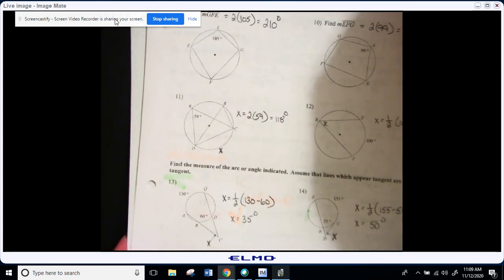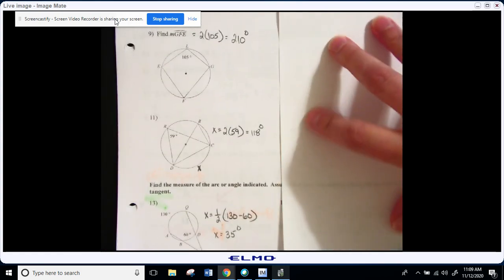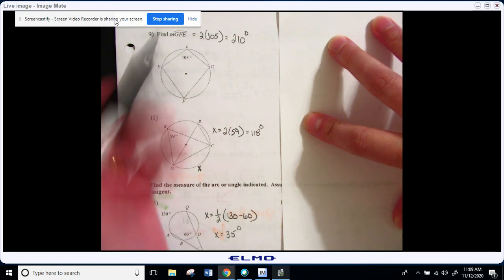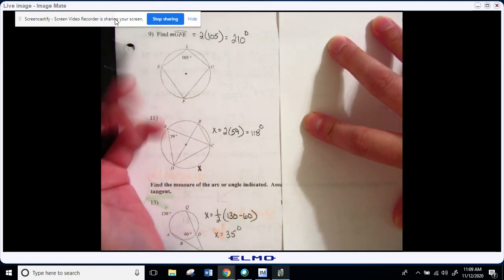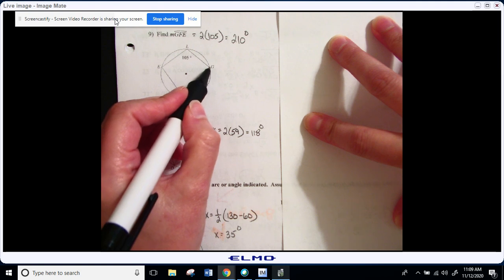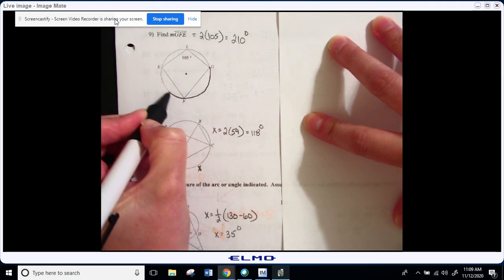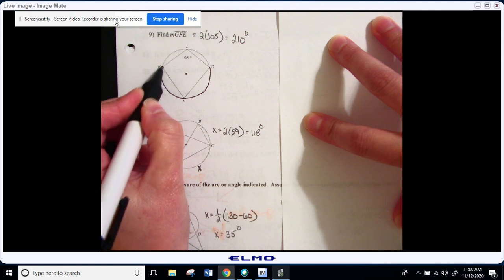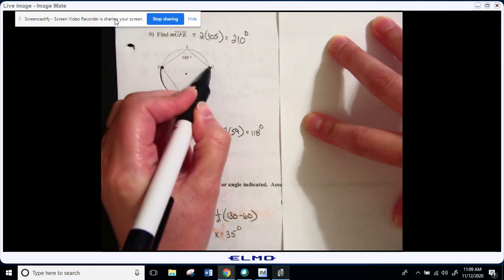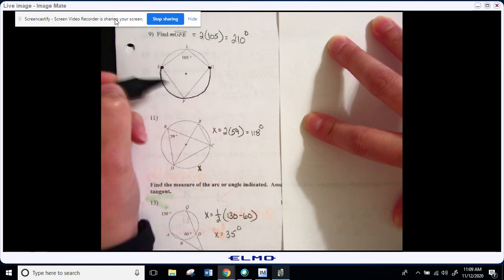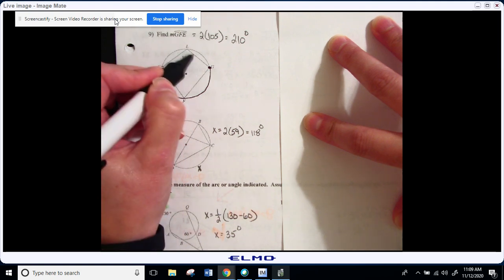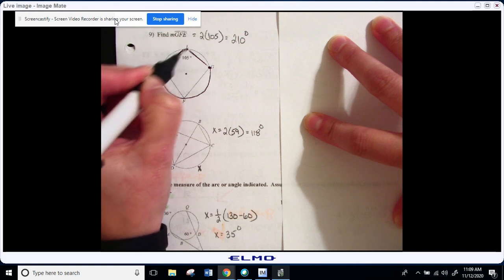Okay, number 9, same directions. This time, I want to find the arc GFE. Well, from G all the way around from F ending at E. So the angle that opens up to those 2 points would be this guy right here, right?